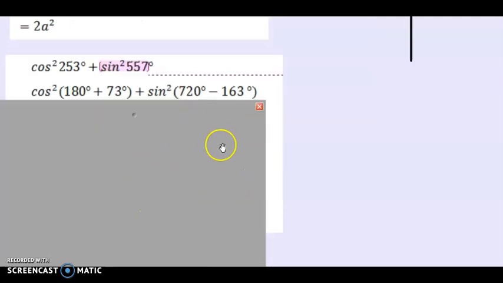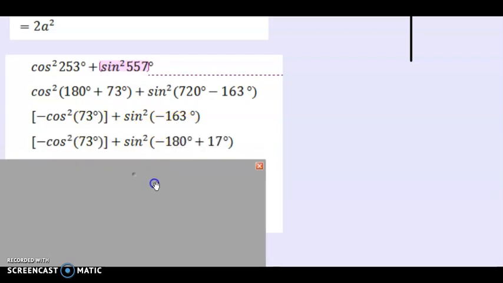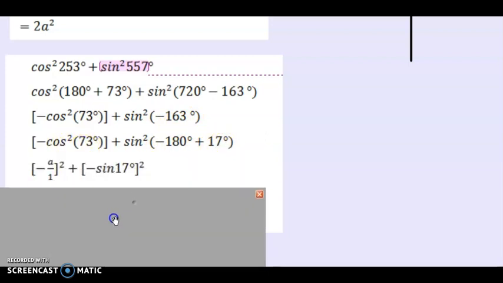I'll briefly show you another solution to this one. So if I go to full revolutions, it's 720 degrees minus 63. For 253, I said we could have also used 180 plus 73. So that is negative cos of 73 degrees. And this one is sine square of negative 160 degrees. So that will be negative 180 plus 17. This one remains cos of 73.